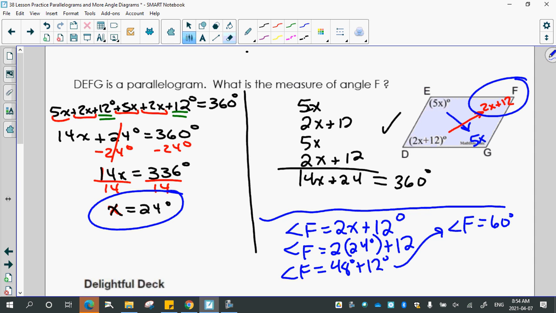Okay? So one of these two ways to get to x, and then everybody has to do this in order to get to F.